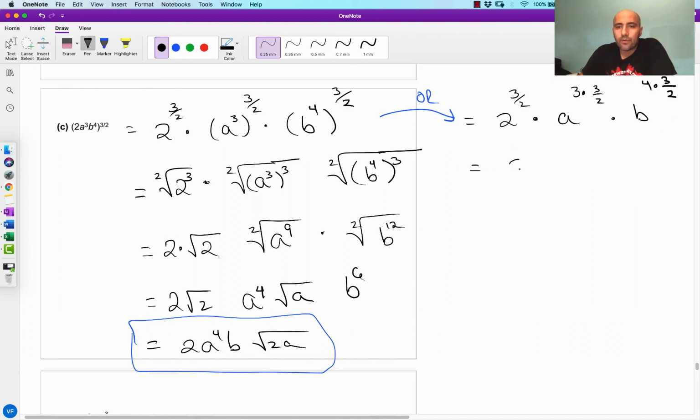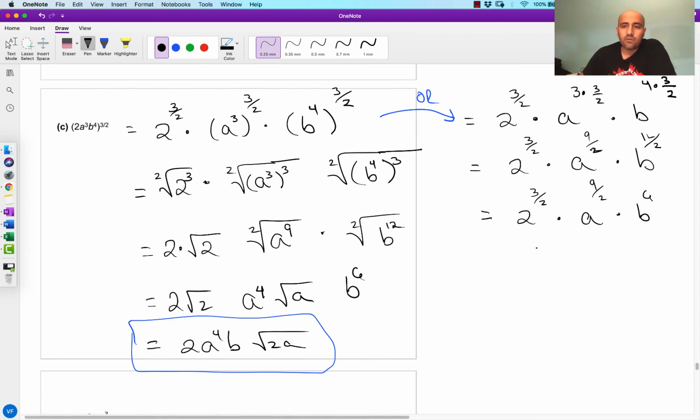And so we end up with 2 to the power of 3 over 2 times a to the power of 9 over 2 times b to the power of 12 over 2, which then can just reduce by reducing that, and we end up with 2 to the 3 over 2 power times a to the 9 over 2 power times b to the 6th power.